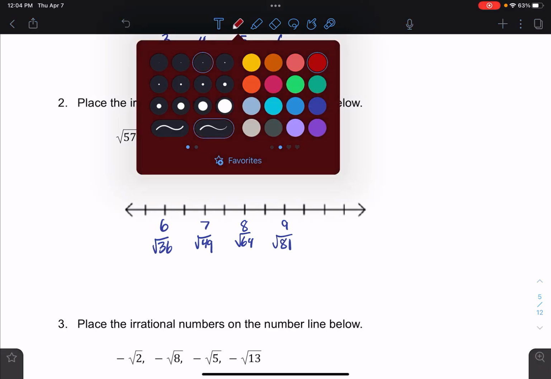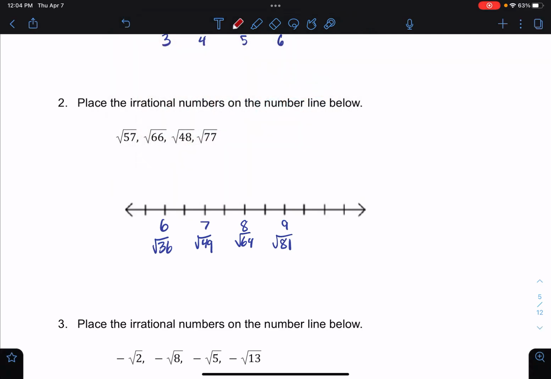Okay, we're back. So the square root of 57. That's definitely going to be closer to the square root of 64. It's 7 away, as opposed to 8 away from the square root of 49. So I'm going to put it right there. Oh, not 4. Not 4. My bad.